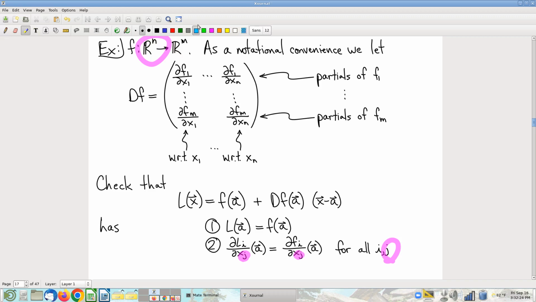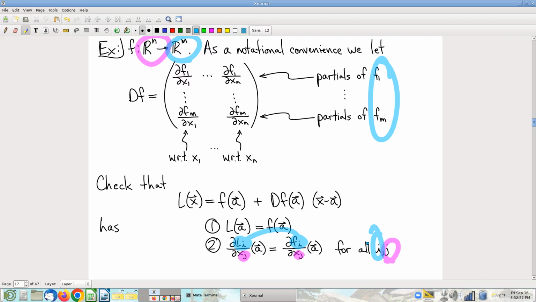And I also have several output components, f1 through fm, of which I could want to take those partials. So it's not just a list of partial derivatives that I want to agree, it's an entire array of partial derivatives. Sort of a 2-index collection of partial derivatives.